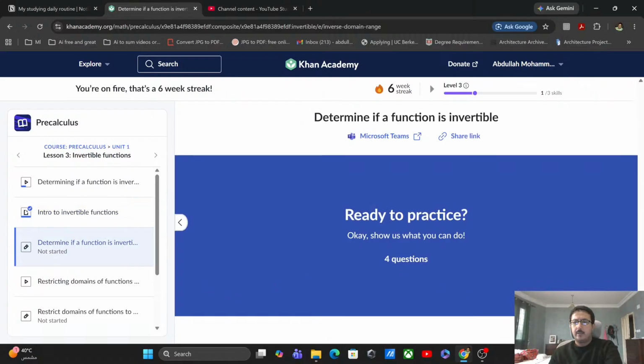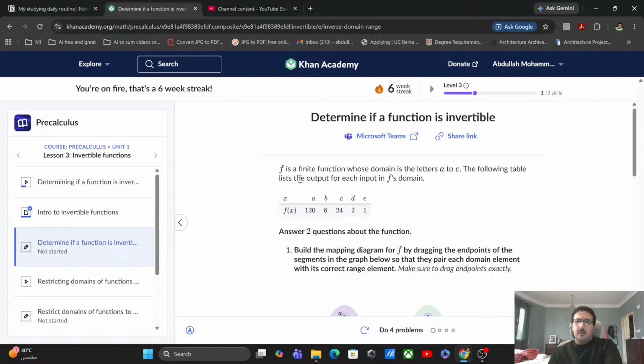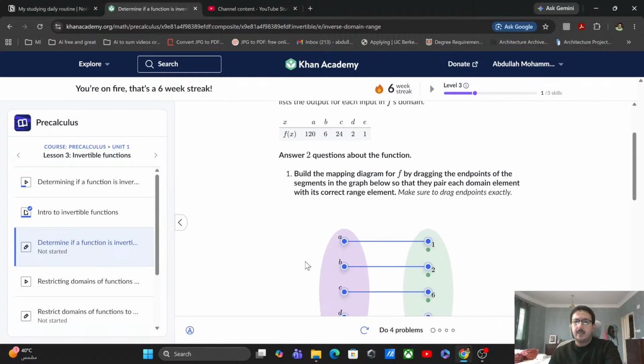Exercise, ready for practice. A finite function whose domain is the letters A to E. The table lists the output for each input. Build a mapping diagram.